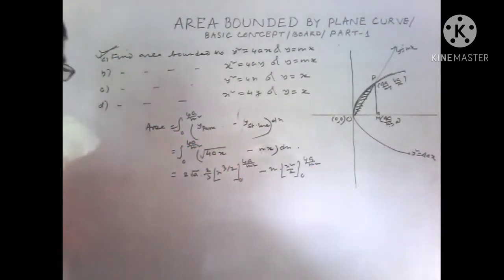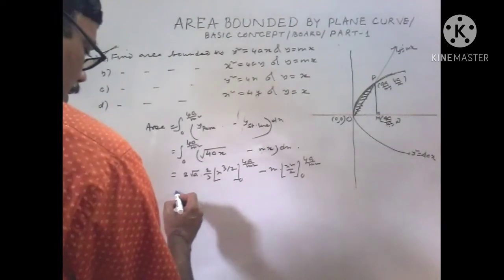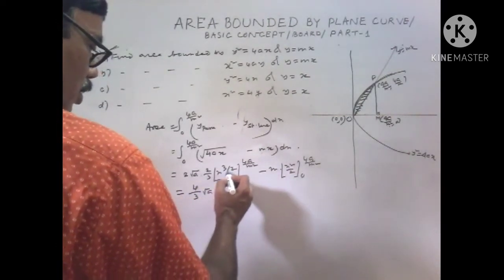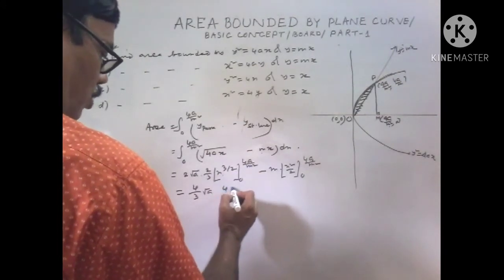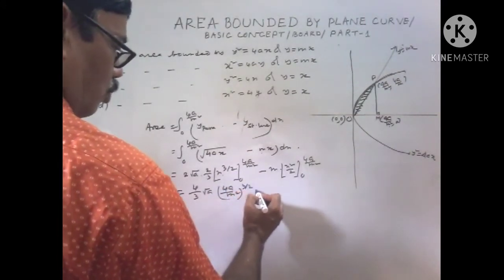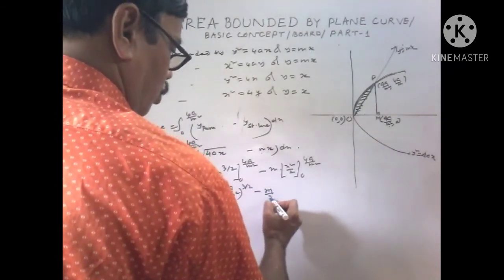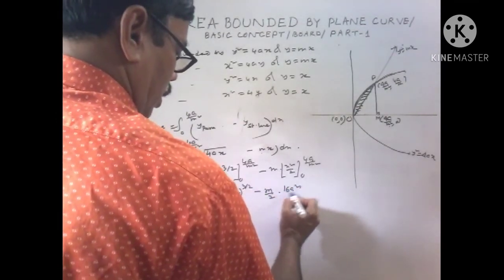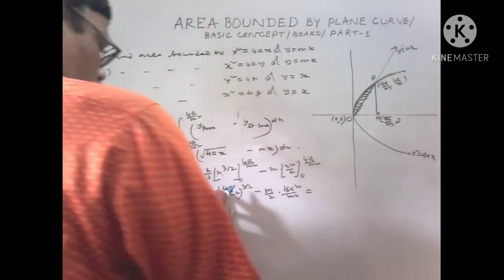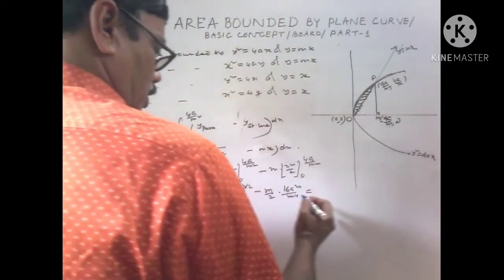So we need calculation only. So 4 by 3 root a, x to the power, 4a by m squared whole to the power 3 by 2, minus m by 2, 16a squared by m to the power 4. So 4 to the power 3 by 2 is 8.